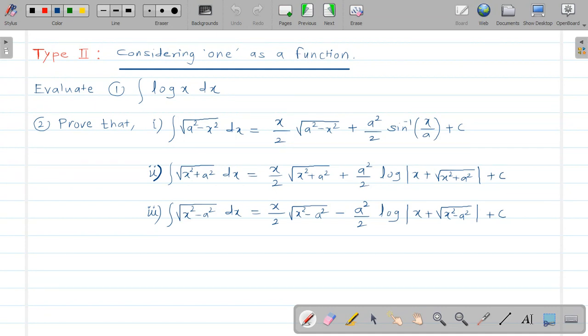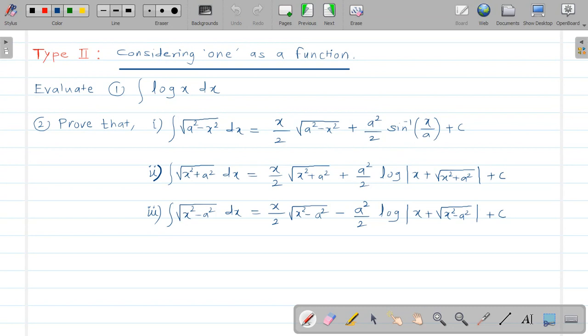Now the second one is integration of root of x square plus a square dx. It is x by 2 root of x square plus a square plus a square upon 2 log of modulus of x plus root of x square plus a square plus the integration constant, that is c.